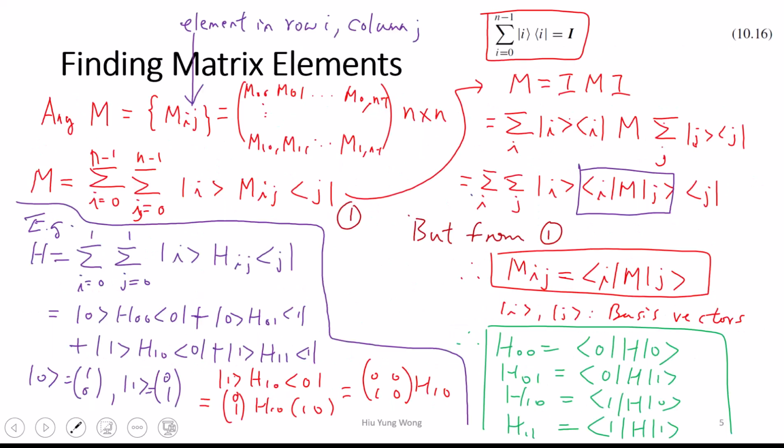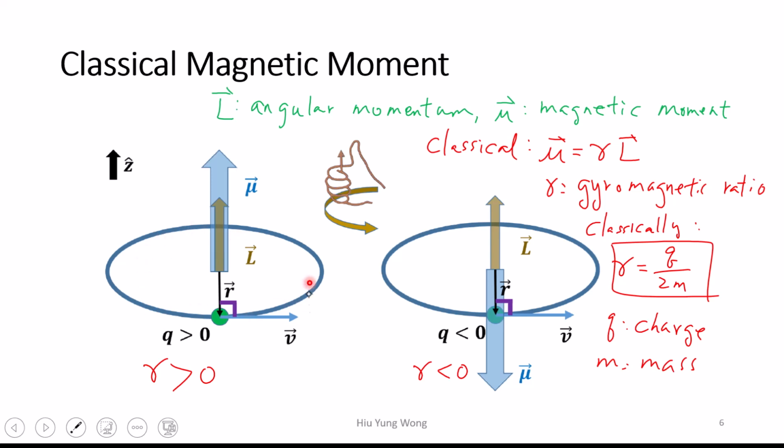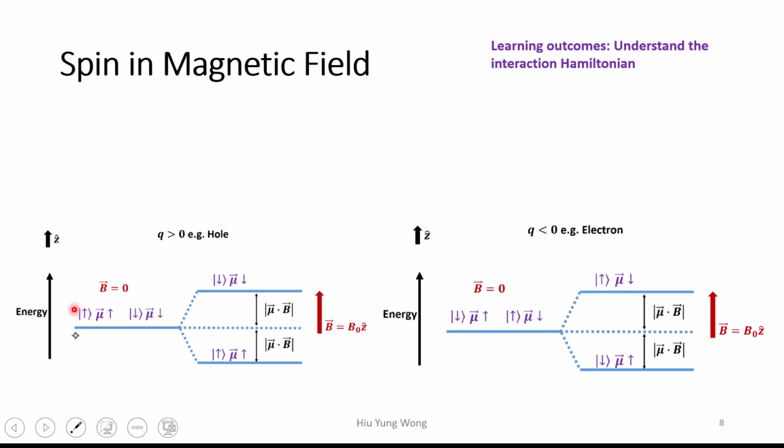What I'm talking about is this one. If you're spinning, like this is not spinning, right? But you have angular momentum, right? The angular momentum L will point in the same direction as the magnetic moment when it is positive charge. So that's why when you spin up, the magnetic moment is pointing up also.